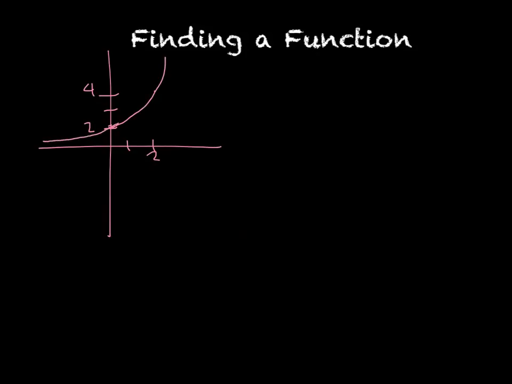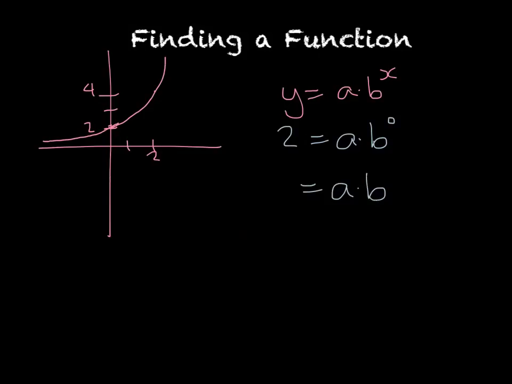What we can do is say y equals a times b to the power of x and plug in the values that we have. So when x equals 0, y equals 2, and when x equals 2, y equals 4.